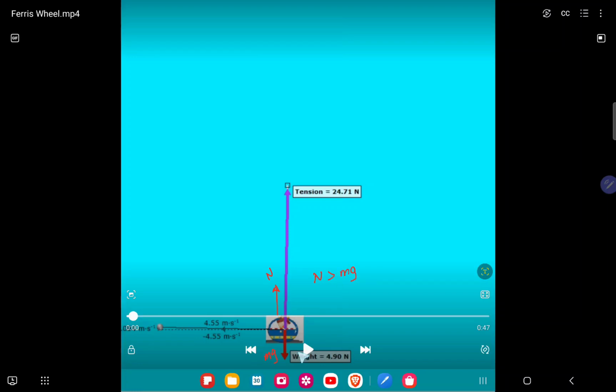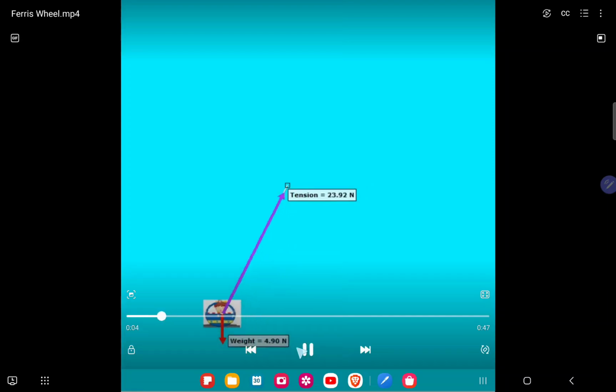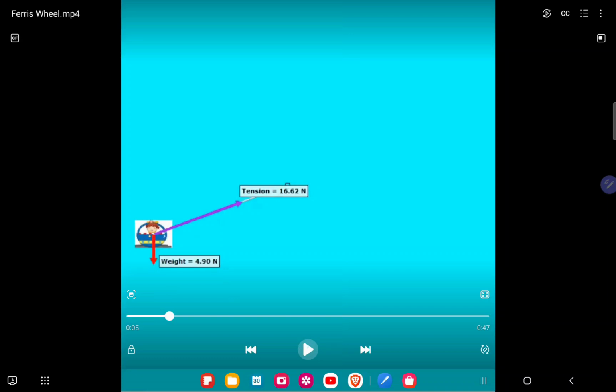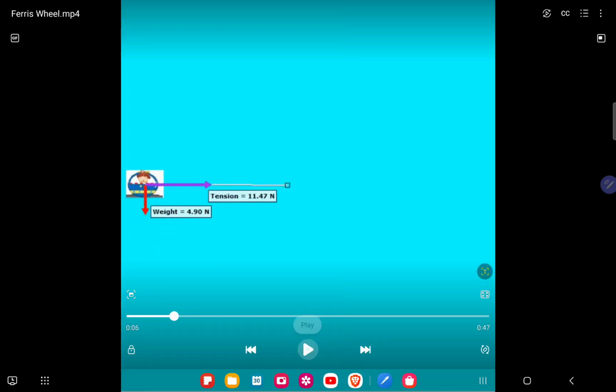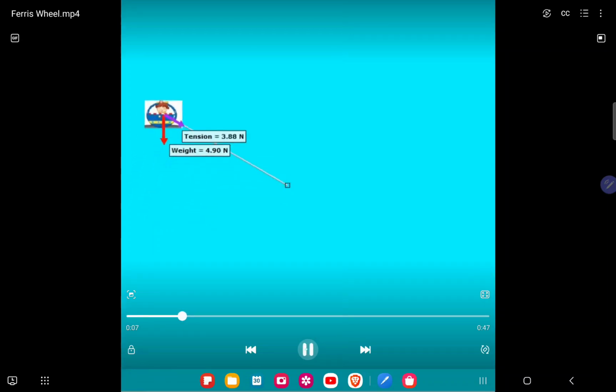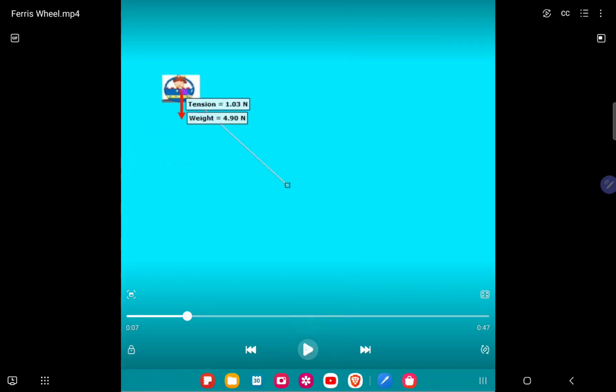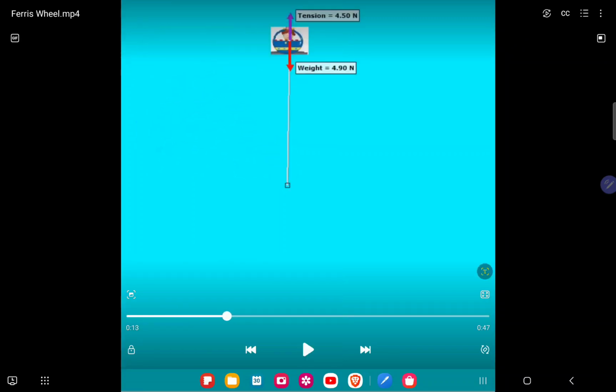Now, if we go further in this Ferris wheel experiment, let's see what's going to happen. Look here, we're not interested in the tension. We're actually interested in the normal force, which is still decreasing at the top of the circular path. As you can see, the situation is a little bit different from the loop-the-loop experiment, the example we mentioned a few minutes ago.